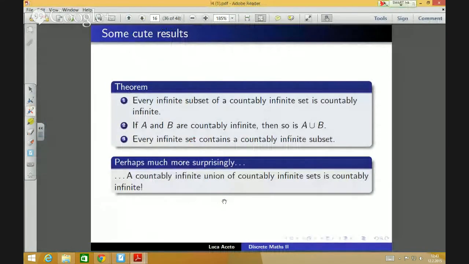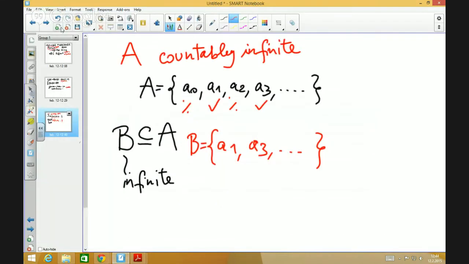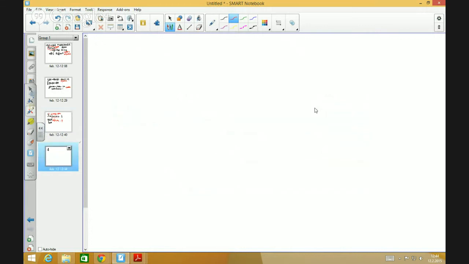Some other property. If A and B are countably infinite, then their union is going to be countably infinite. Why is that? Let's go back to our scratchpad paper and let's be wasteful with the paper. Okay, here I have A, countably infinite.